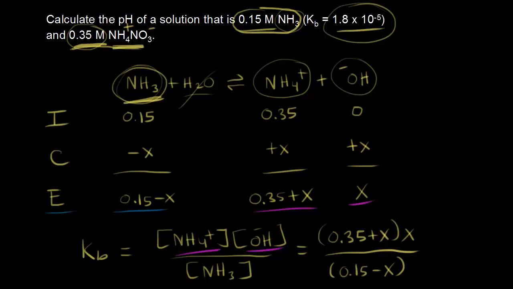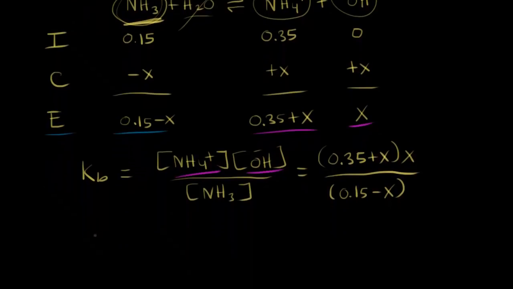So let's go ahead and plug in the Kb. So we have 1.8 times 10 to the negative 5 is equal to, once again, we're going to make the assumption. So if we say that X is an extremely small number, right, then we don't have to worry about it when we're adding it to 0.35. And so we just say this is equal to 0.35.